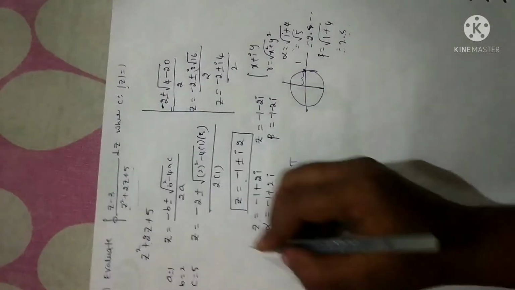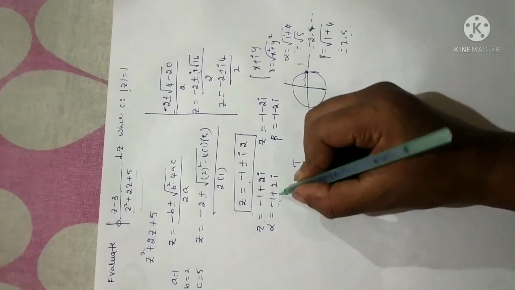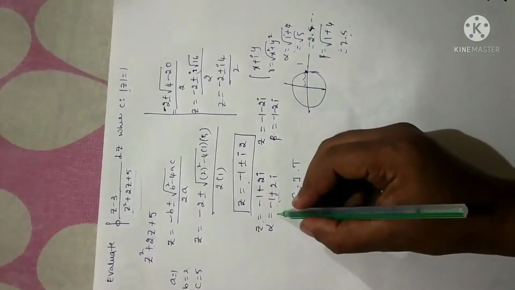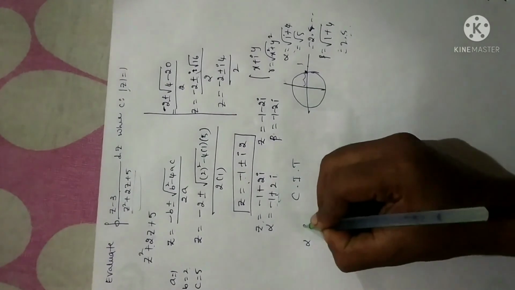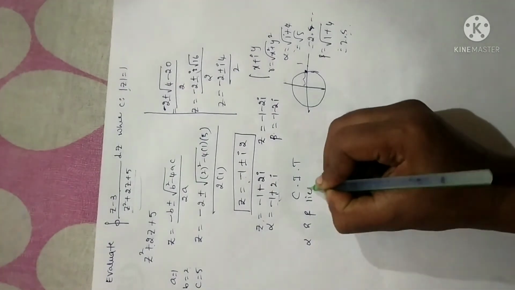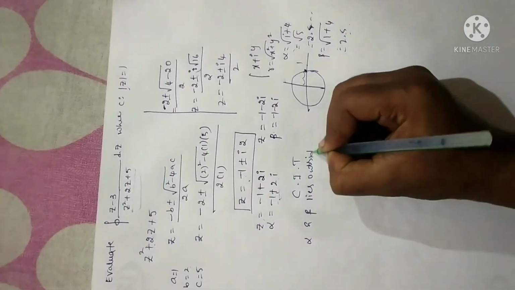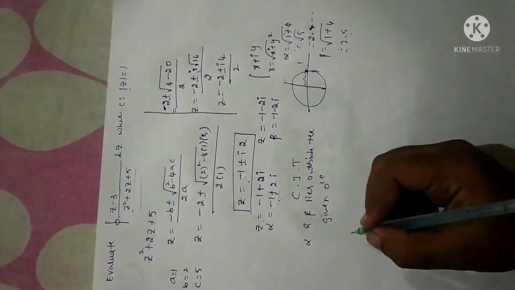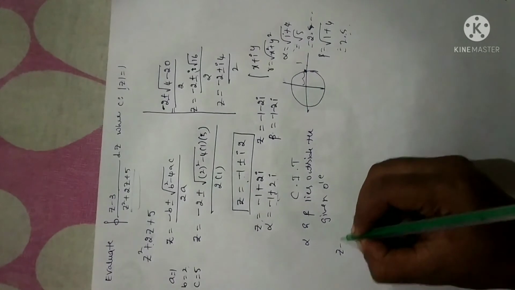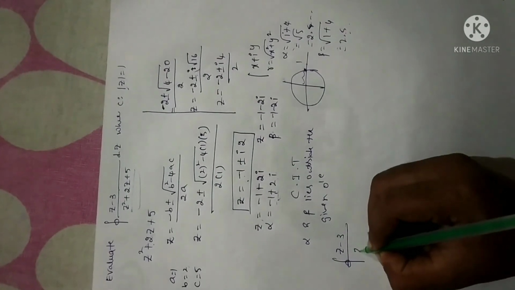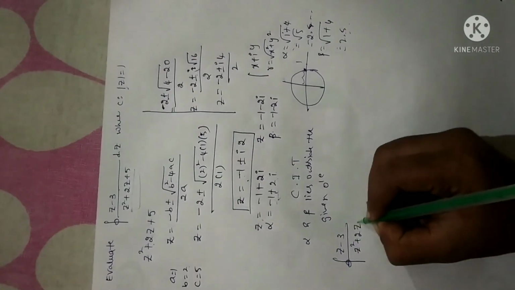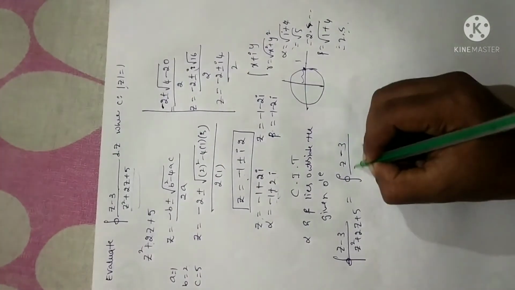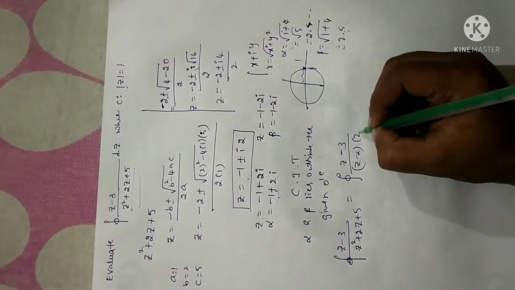Now the given problem: you come to know that alpha and beta both lie outside the given circle. Fine. So the given integrand can be written as z minus 3 divided by z square plus 2z plus 5, which is z minus 3 divided by (z minus alpha) into (z minus beta), right?